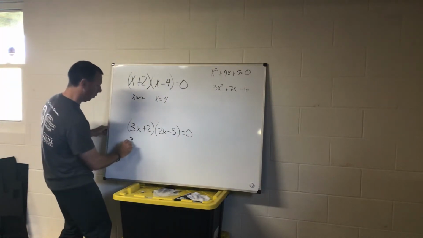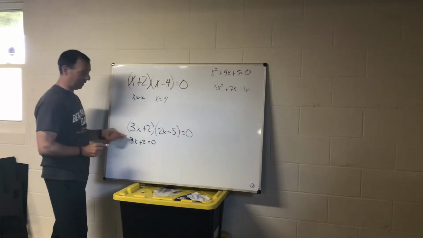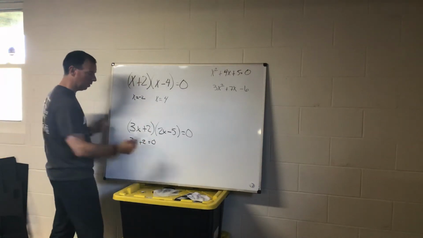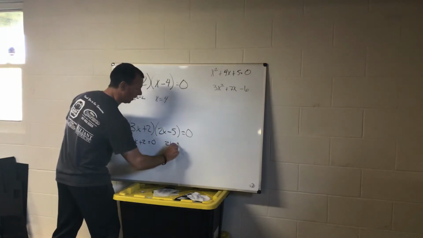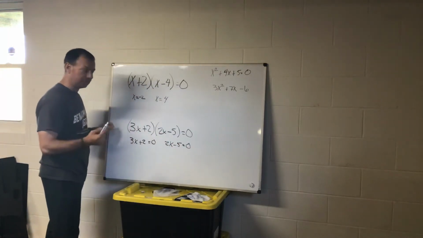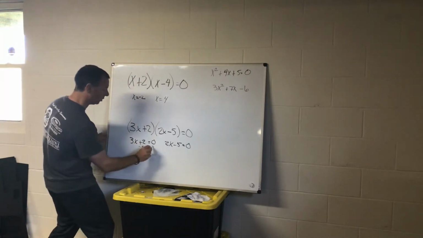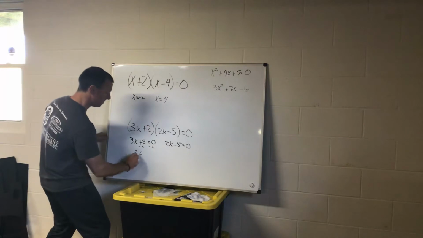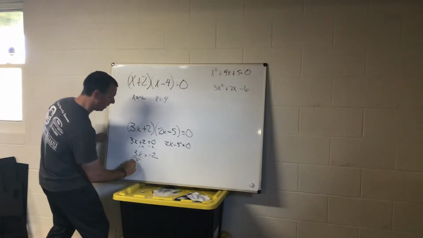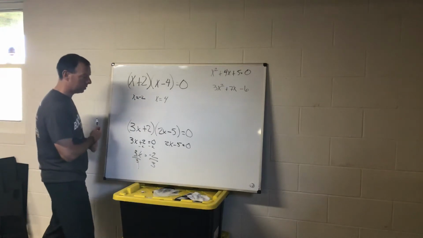So 3x plus 2, we have to find out the x that would make that equal to 0, or 2x minus 5, we would figure out what x needed to be 0. We'll solve both of them. Over here, I would subtract 2 from both sides, divide by 3, and your x is equal to -2/3.